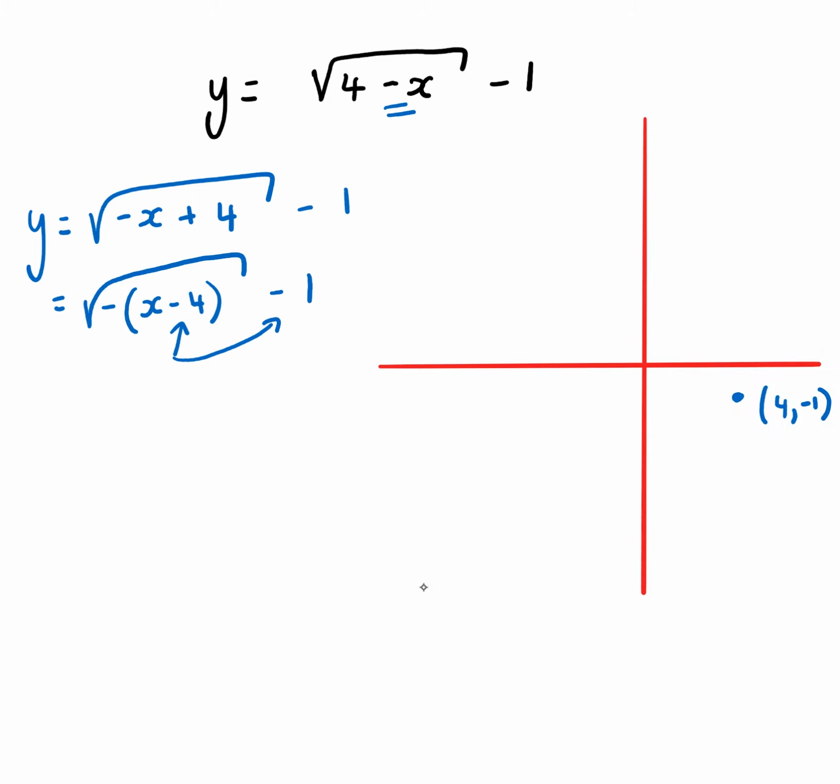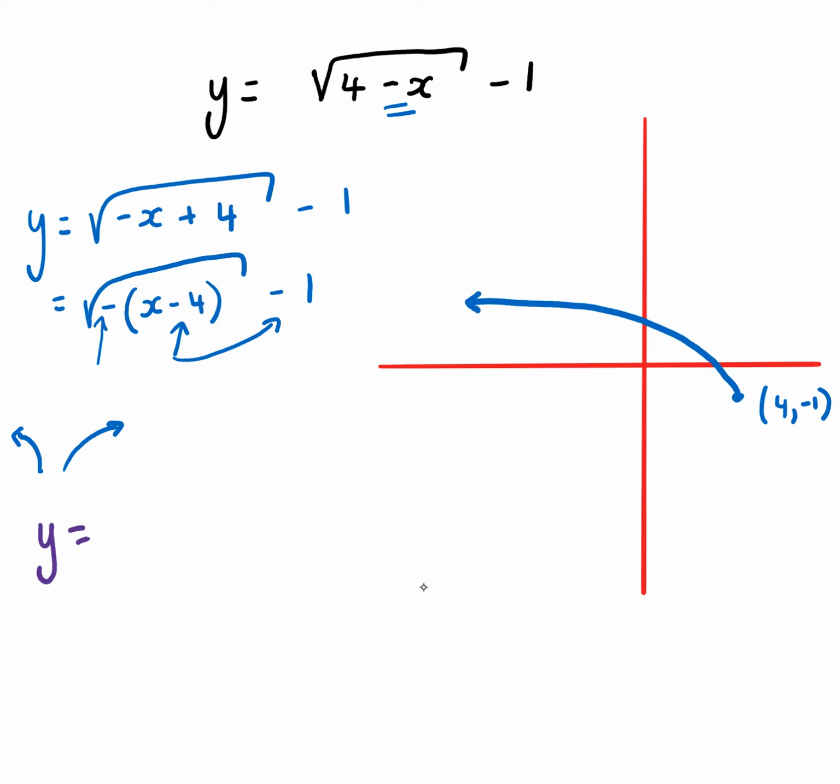What's a little bit hard to see, because you wouldn't have seen it last year, is that this negative here reflects my general shape. Rather than being there, it reflects it about the y-axis. So it now reflects this way. And so this graph here, rather than going up and to the right, will go up and to the left. So I can see that there are both x and y intercepts to consider.